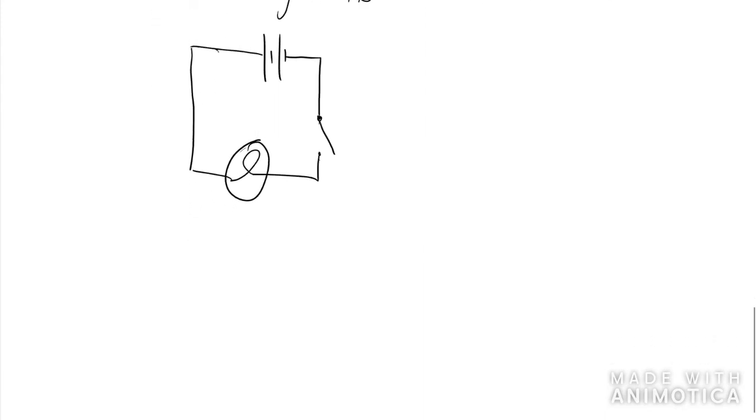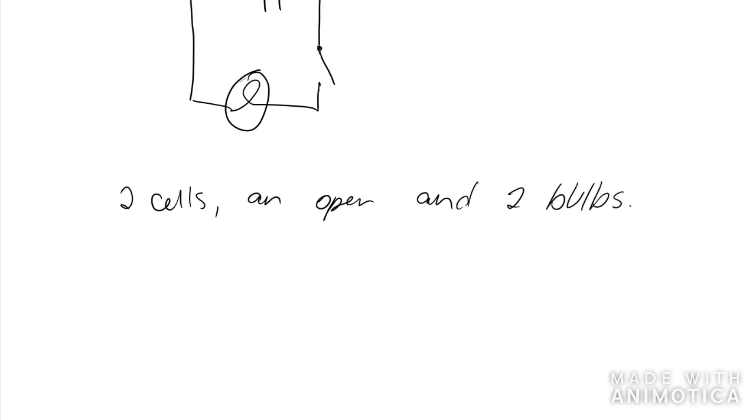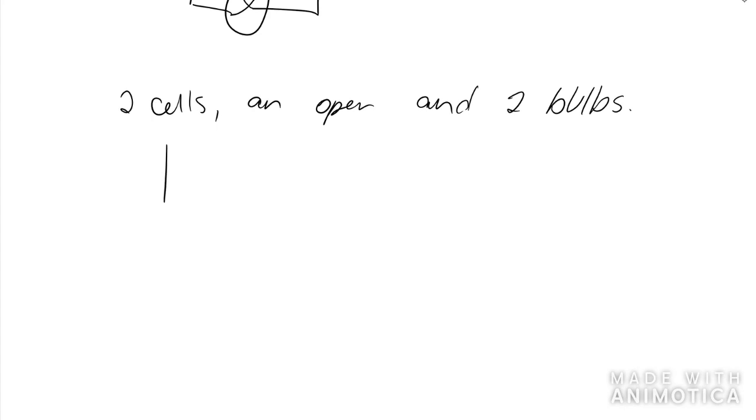There is another way to draw these though. Say we have 2 cells, an open switch, and 2 bulbs. One cell, 2 cell, our open switch, and there's 2 different ways we can do this.